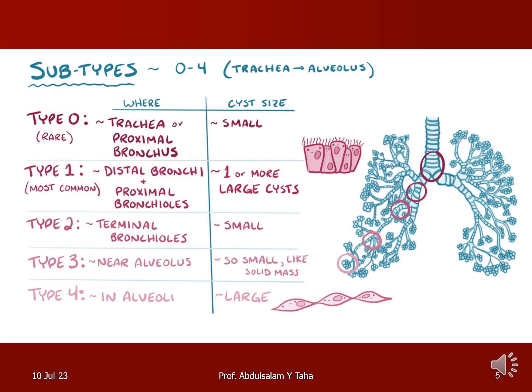Type 2 originates from the terminal bronchioles and consists of small cysts. Type 3 originates from near the alveolus, and the cysts are so small that the lesion looks like a solid mass. And finally, type 4 originates from the alveoli and is characterized by large cysts lined by flat epithelium, or the alveolar cells.